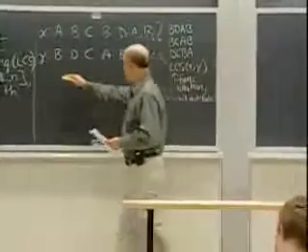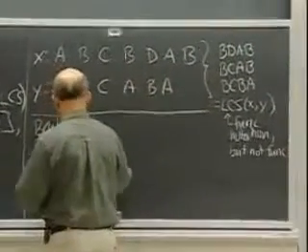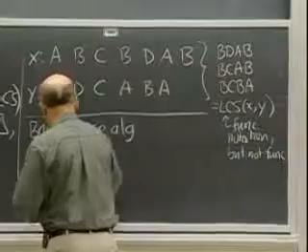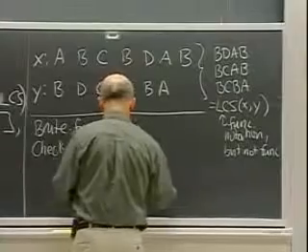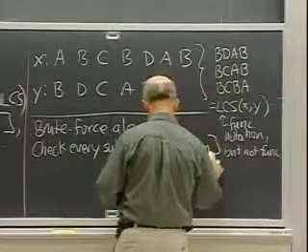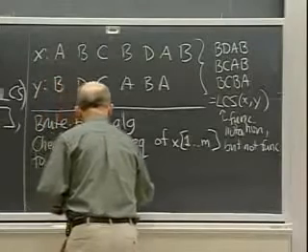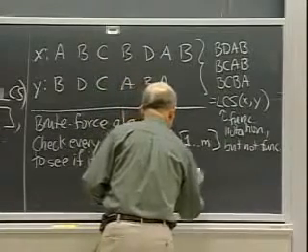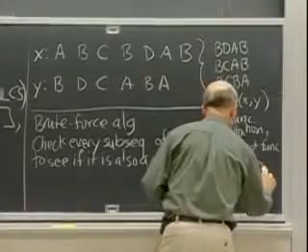Okay, so let's see. There's a fairly simple brute force algorithm for solving this problem. And that is, let's just check, maybe some of you did this in your heads, every subsequence of x from 1 to m to see if it's also a subsequence of y from 1 to n.